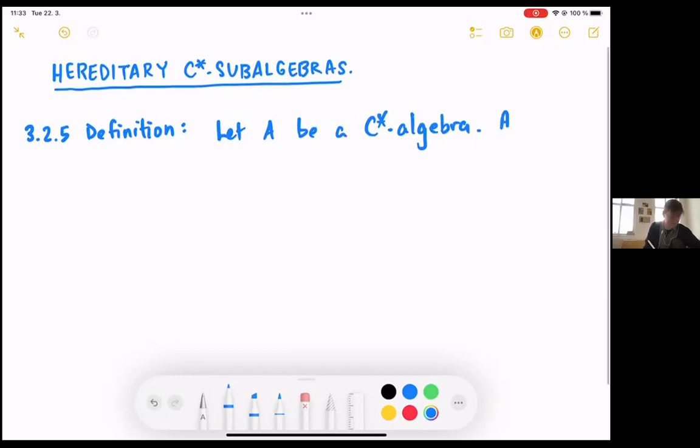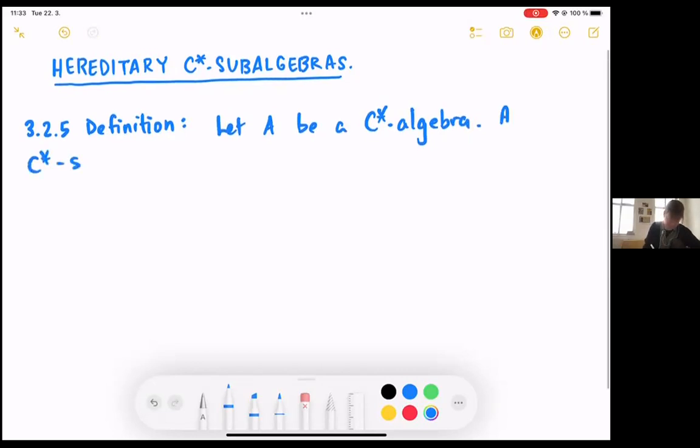And if we have a C-star subalgebra B, so that's going to be a C-star algebra inside of A that's closed with respect to the norm of A, and of course, it's got to be self-adjoint.